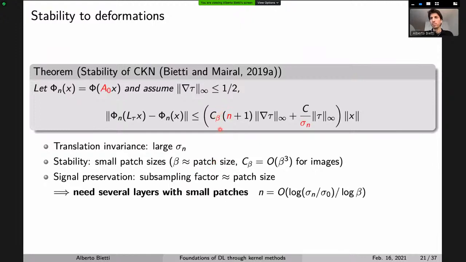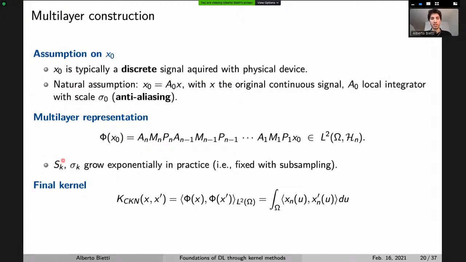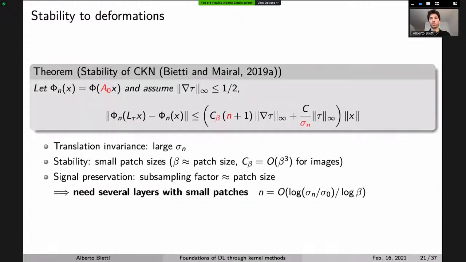Actually, in this case, beta is just the patch size in a discrete setting. It's the size of the patch relative to the resolution of the previous layer, so the size of S k divided by sigma k minus 1. After some pooling, we assume that the resolution is the scale sigma k, and you want the patches to not be too large relative to that resolution. This constant grows with the patch size in a cubic way, whereas the number of layers is basically logarithmic.